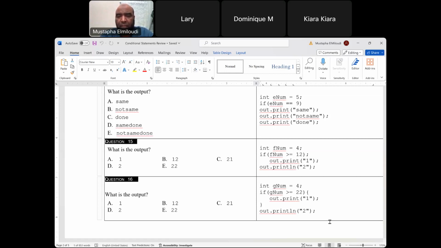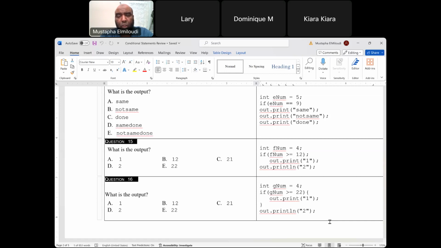It doesn't matter. Just say anything you can think, no problem. So what do you think the answer is for number 15? I'll give you time to think.